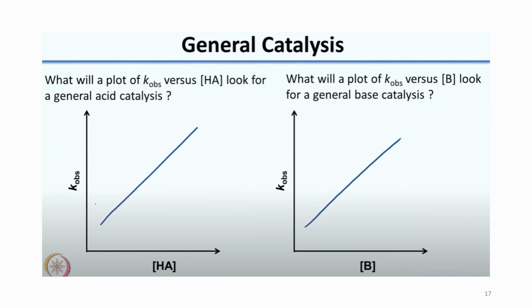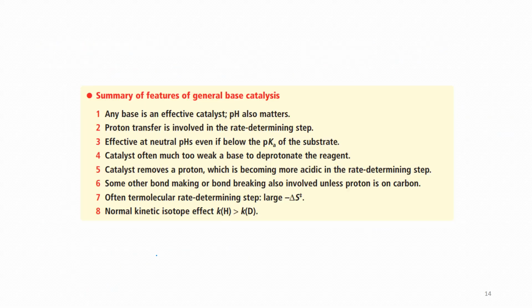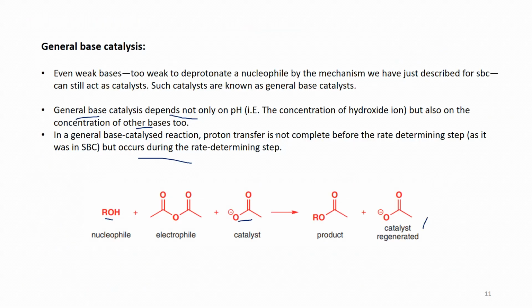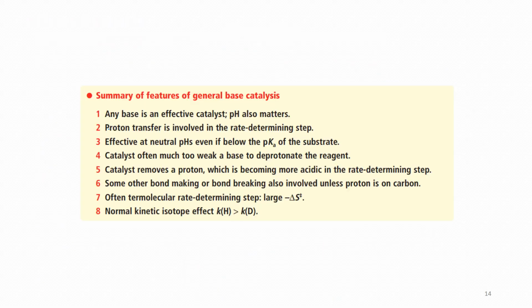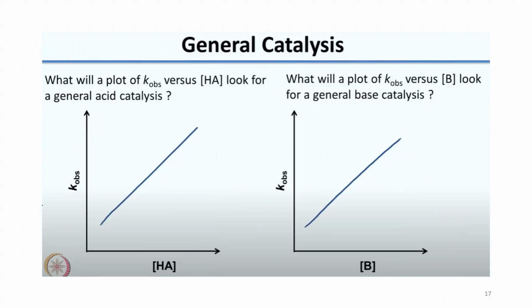In general catalysis, the rate also depends on the concentration of the base or acid. So with increasing concentration of the acid, the rate of the reaction will enhance. Similarly, if we increase the concentration of the base, the rate of the reaction will increase.